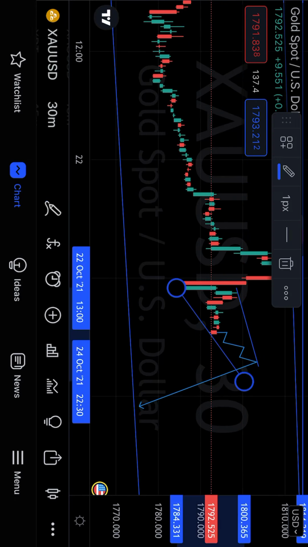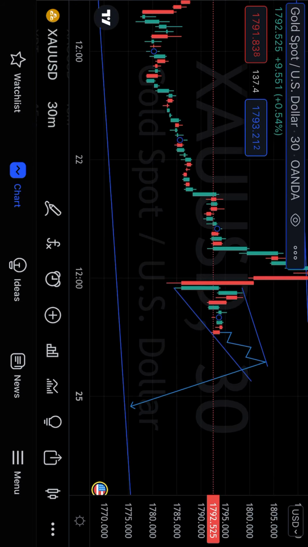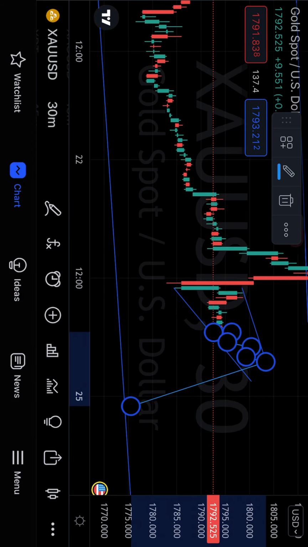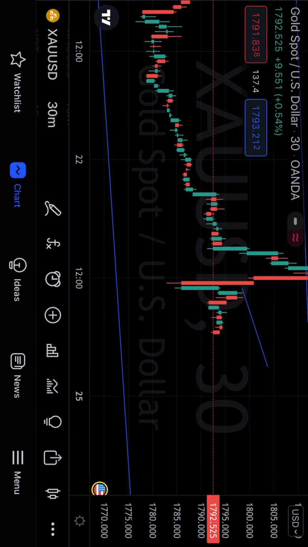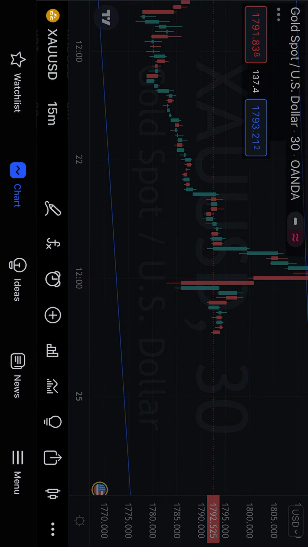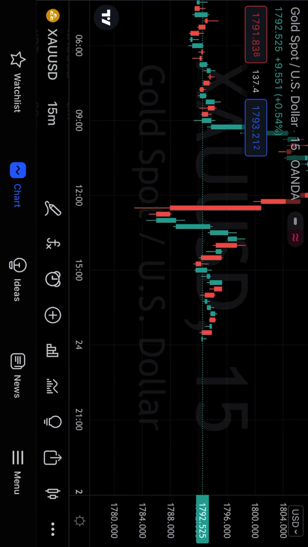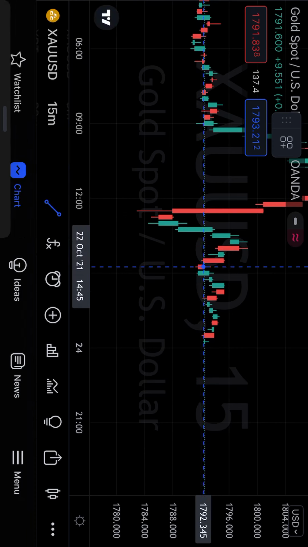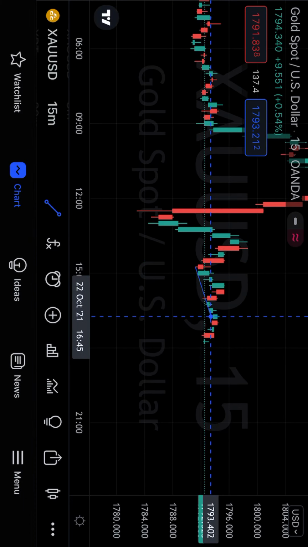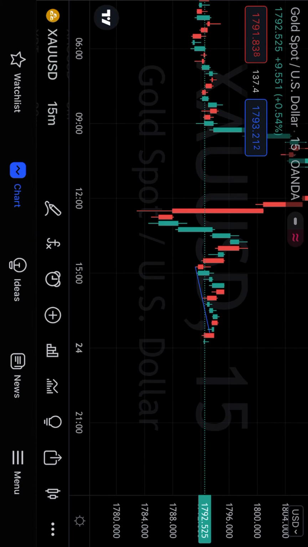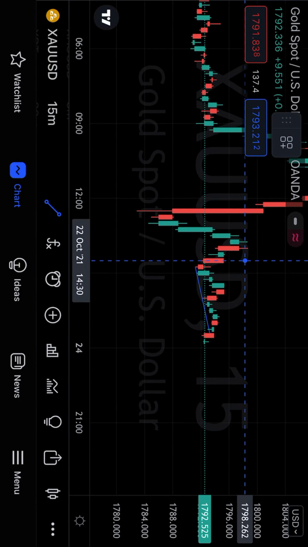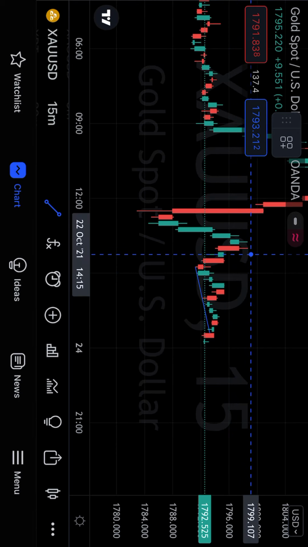You understand? Or price could drop from this exact point. Let's go down to the lower time frame. So what do we see on the lower time frame? I see a triangle pattern, right? A triangle pattern broken below.